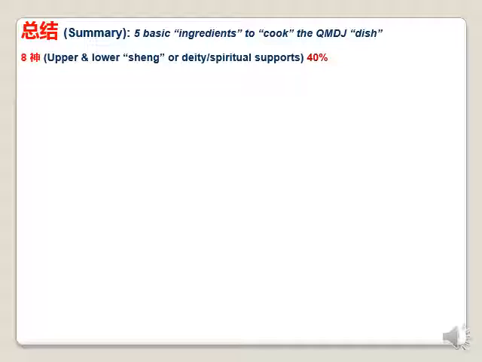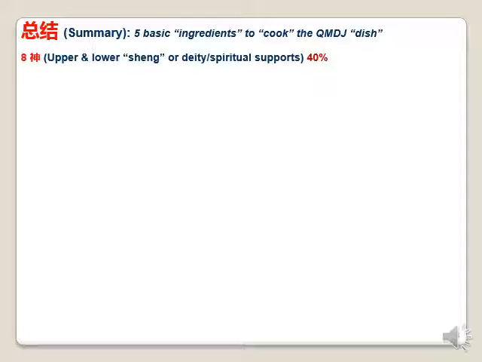It is called the 8 deities or spiritual supports. As you know, ancient Chinese believe in spiritual supports, secret power. Its influence is believed to be very huge, like 40%. But I have to highlight that this 40% is just indicative of the influences.